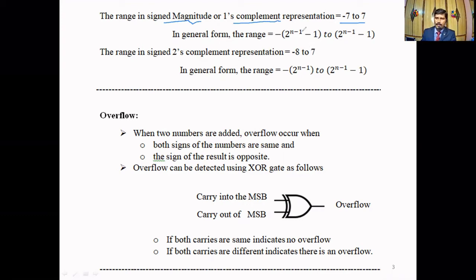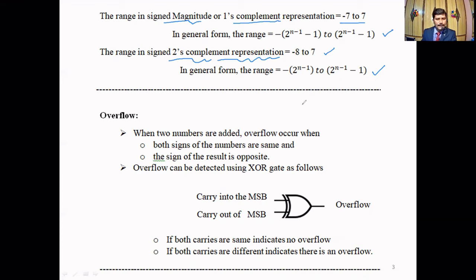That means minus 2 power n minus 1 minus 1 to 2 power n minus 1 minus 1. The range in 2's complement representation is minus 8 to 7. That means in general form the range is minus 2 power n minus 1 to 2 power n minus 1 minus 1. So this is about the range equation.